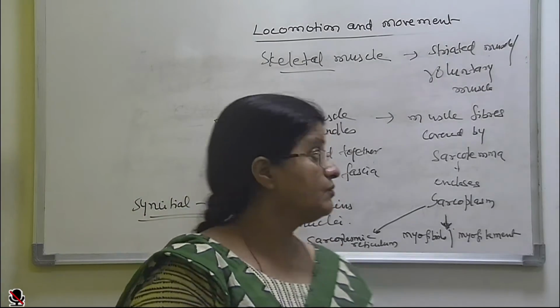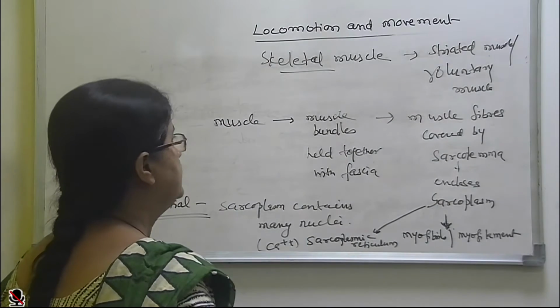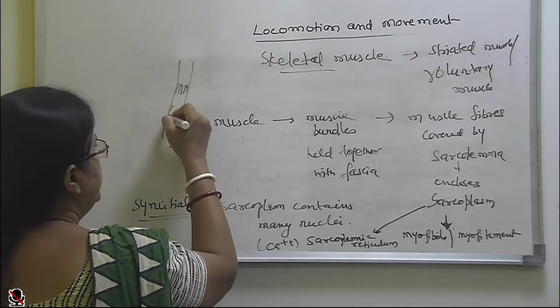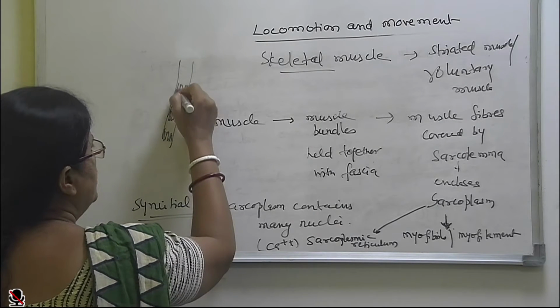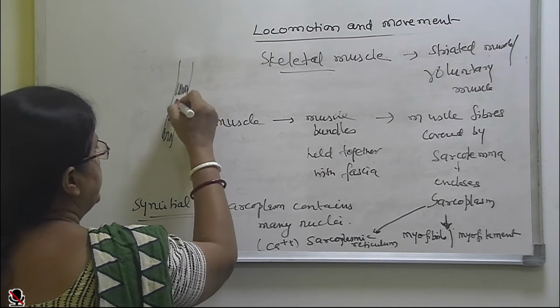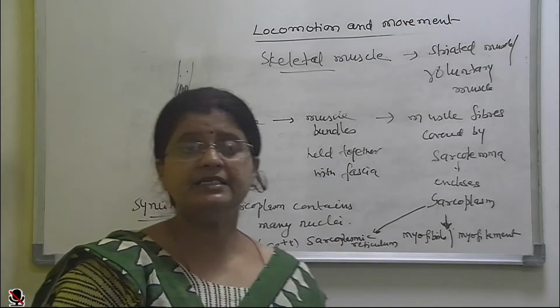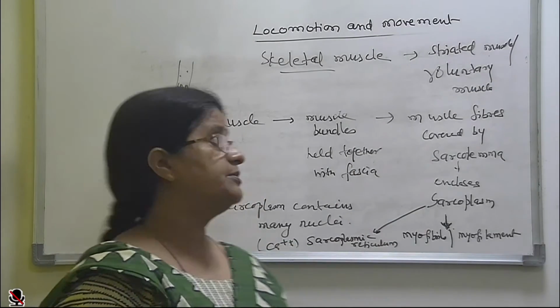Now, why is this called striated muscle? Because this has alternate light and dark bands. So this appears striated. That is why this is known as striated muscle.